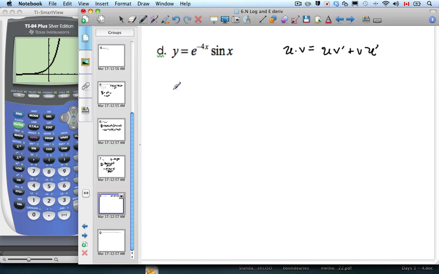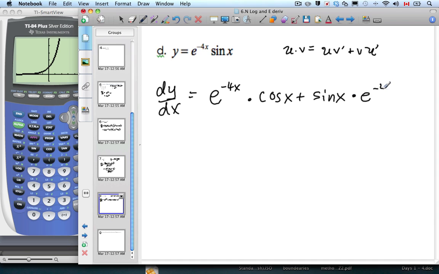So dy dx equals our first function, e to the negative 4x, times the derivative of the second, cosine, plus the second, our sine, times the derivative of the first, which is going to be e to the negative 4x, and using the chain rule, multiply that by a negative 4.